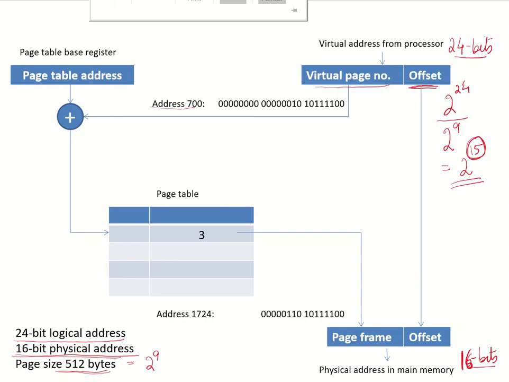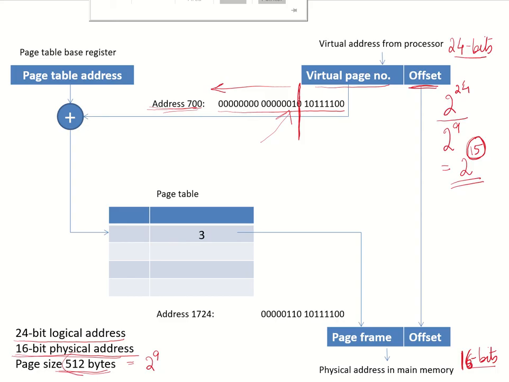Suppose the address that was required was address 700, and this is the 24-bit address. So 9 bits would refer to the offset, and the remaining 15 bits would refer to the page number. As you can see, this shows page number 1, virtual page number 1.